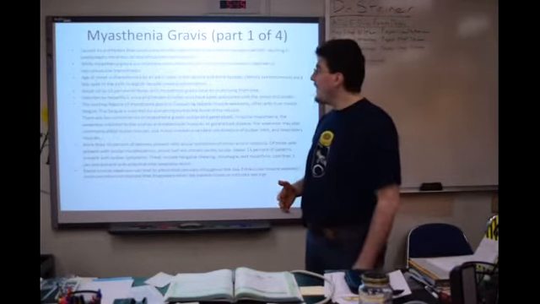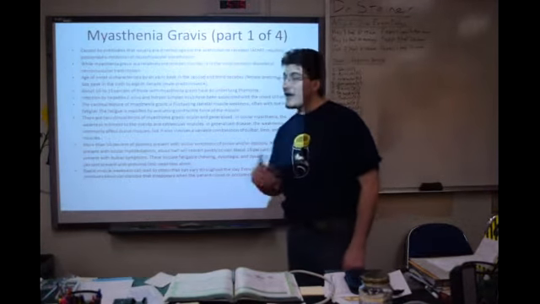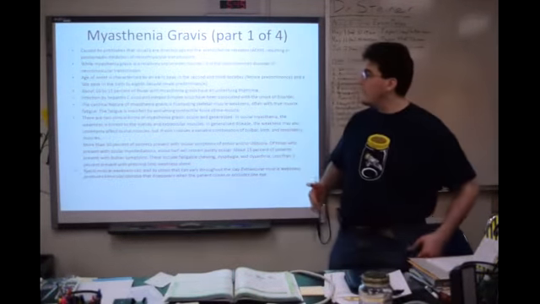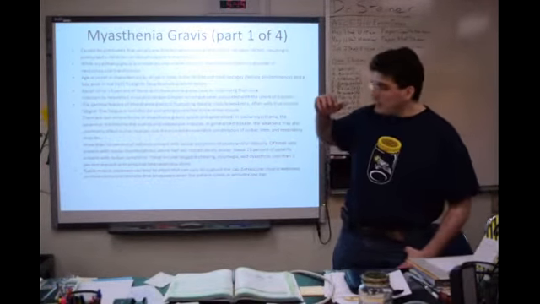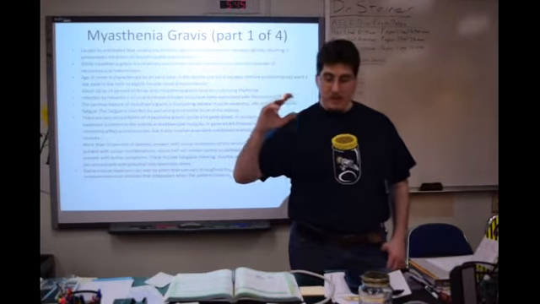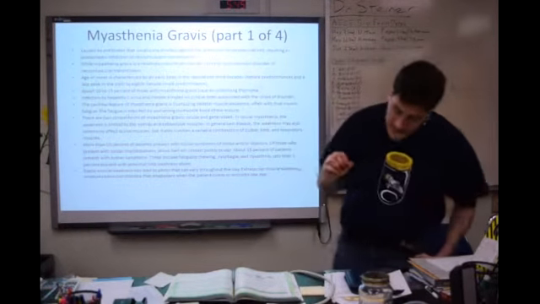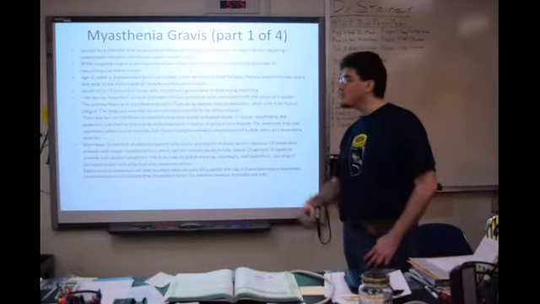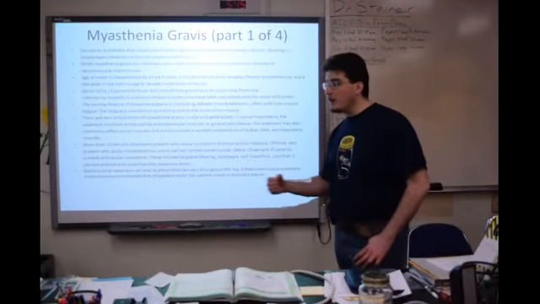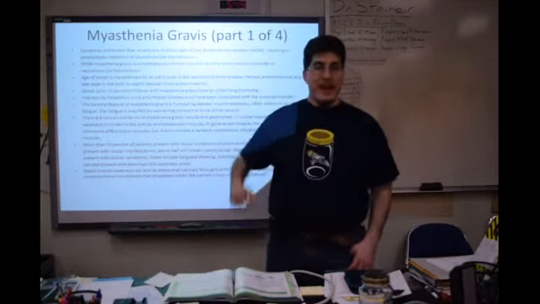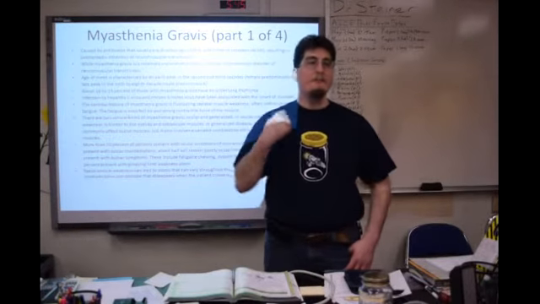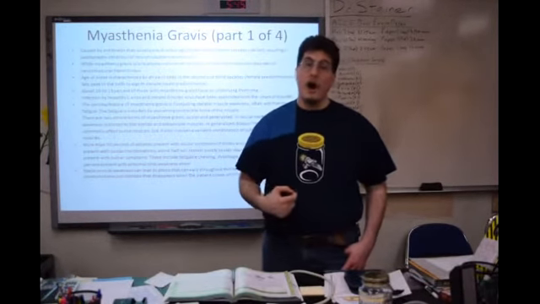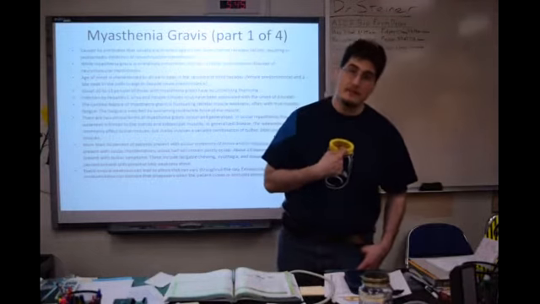Typically, onset is in the 20 to 30s in females and 60 to 80 in males. And 10 to 15% of those with myasthenia gravis have an underlying thymoma. A thymoma is a benign tumor of the thymus gland.